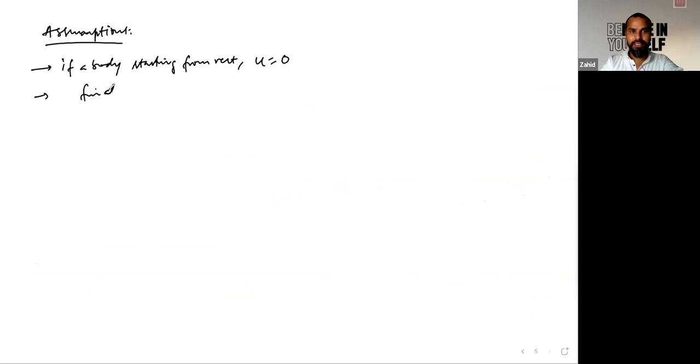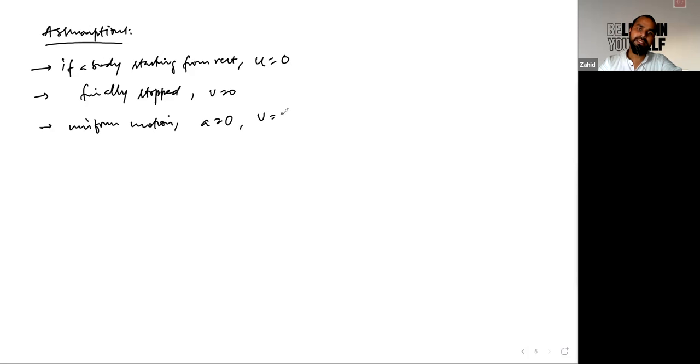If a body finally stops, then the final velocity would be 0. Uniform motion means acceleration would be 0, and then final velocity and initial velocity would be equal.